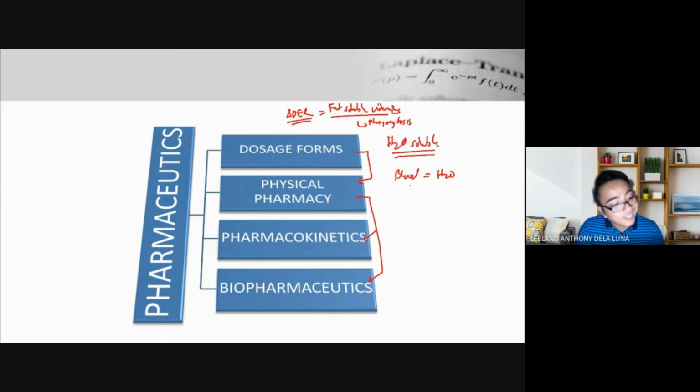For a drug to work, especially drugs designed for systemic effects, I'd like to stress this out, if your drug's desired intended effect is for systemic effects, what do we mean when we say systemic? Buong katawan mo ang epekto niya. Halimbawa, pag binigyan ko kayo ng analgesic, gusto ko buong katawan ko mula ulo hanggang paa, wala akong maramdamang sakit.